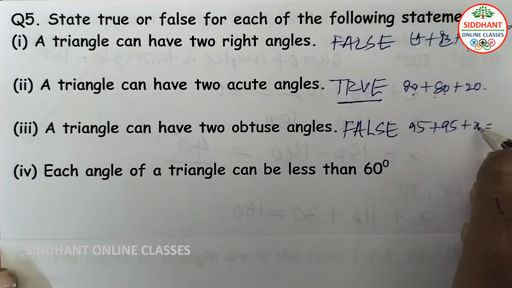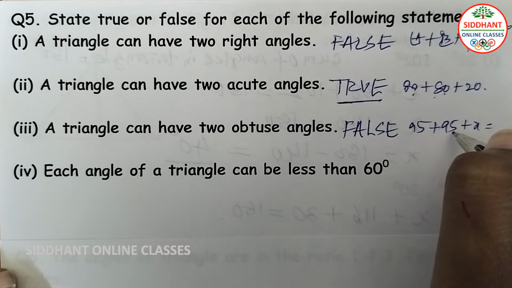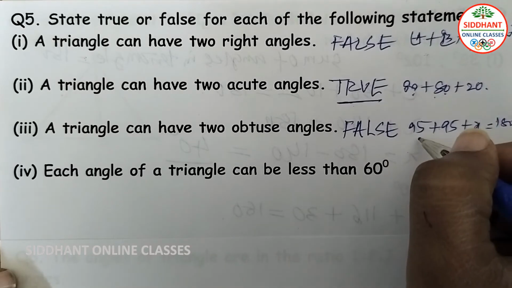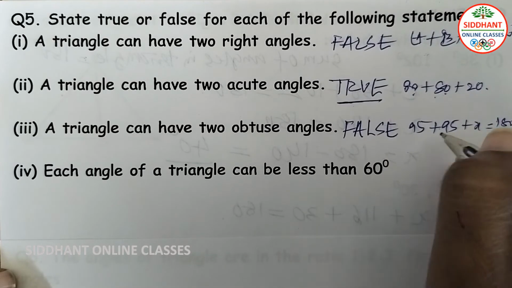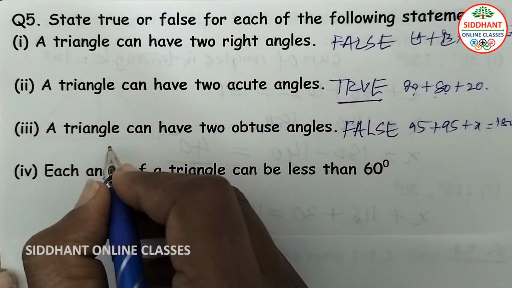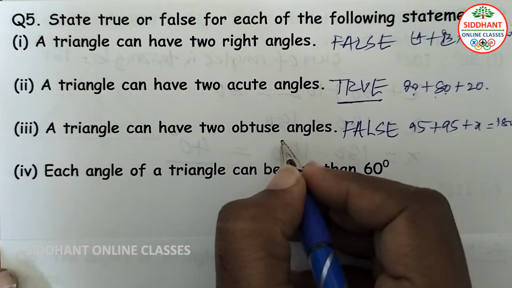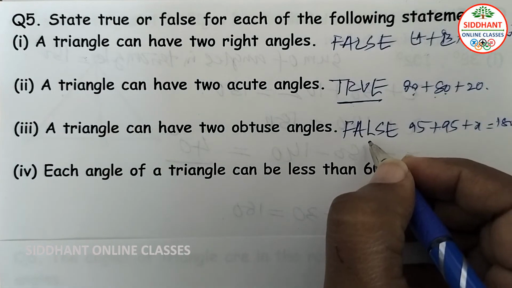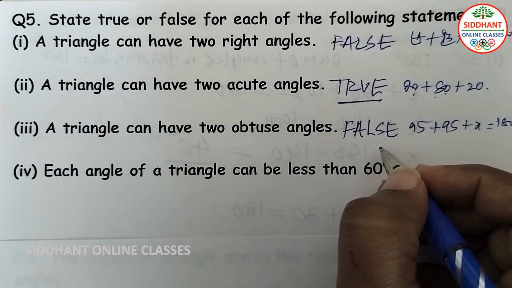The third angle is not possible, because the sum of angles is 180 degrees, and adding these two angles, the sum is already above 180 degrees. So, in a triangle, two obtuse angles, is it possible? It is not possible. The statement is false.